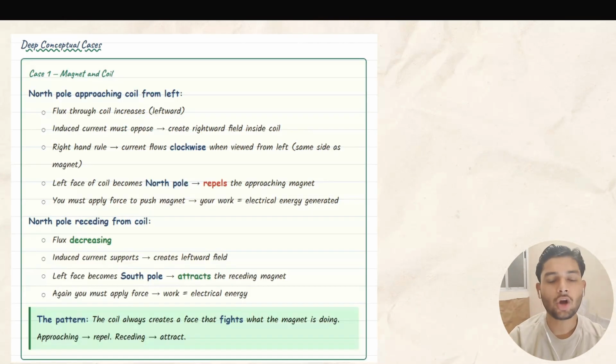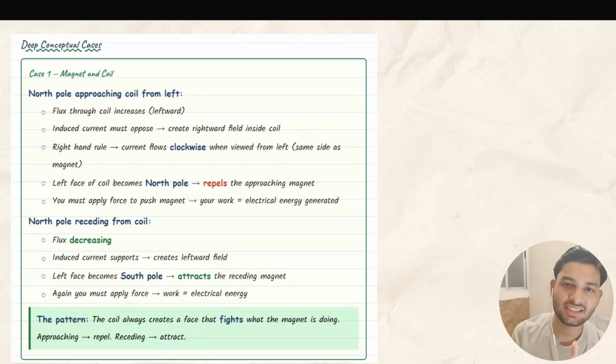Now we will talk about some different types of cases on Lenz law. The first case is the magnet and the coil, the first example that we took as a practical example to define Lenz law. So what would happen if we took a bar magnet and moved its north pole towards a coil or a wire that has a current flowing through it?